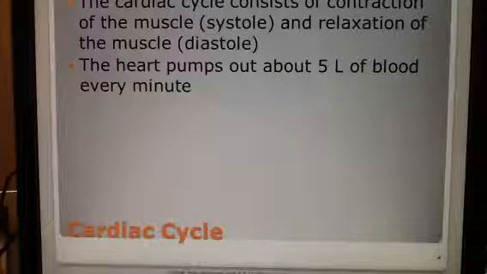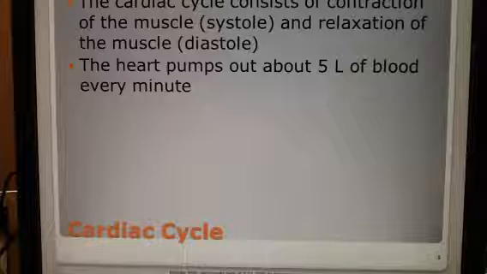So one cycle of contraction and relaxation, or systole and diastole, is called the cardiac cycle. The heart itself pumps out about 5 liters of blood every minute. That's about how much blood an average person has in them, but in 1 minute we're circulating that much blood.